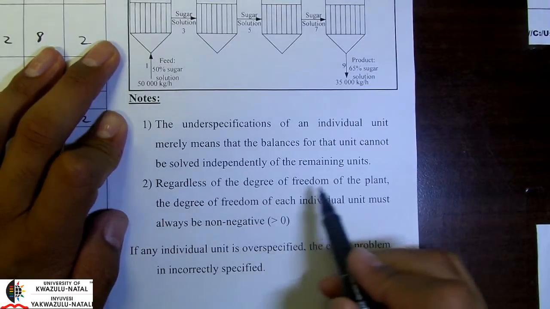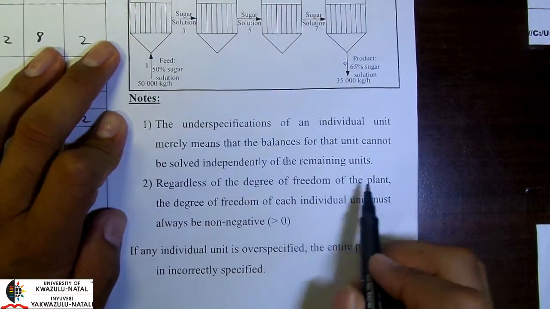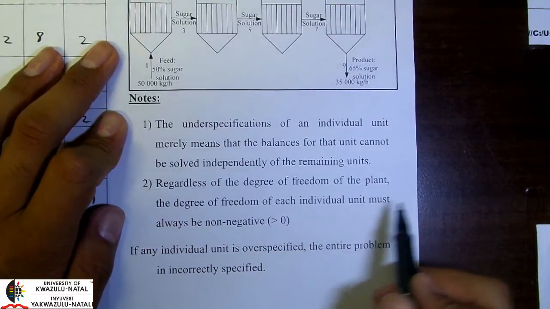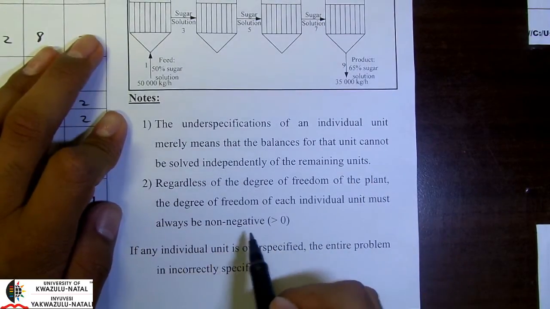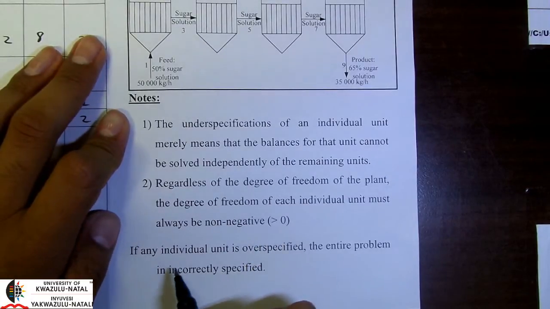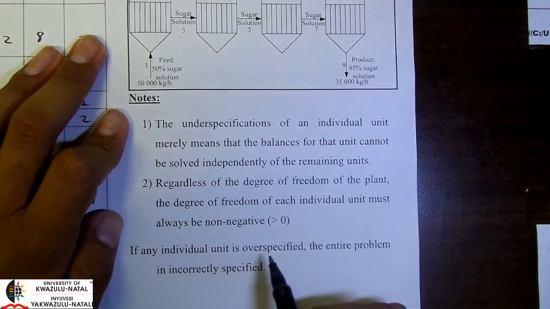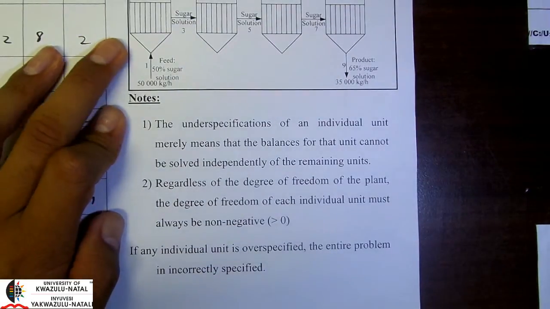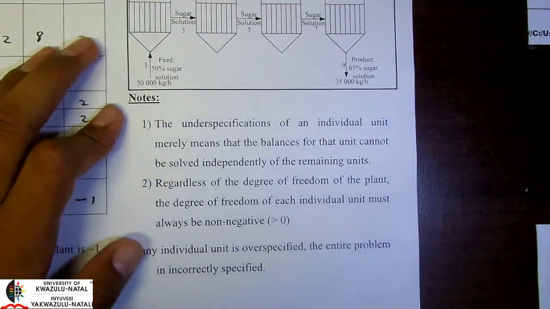However, regardless of the degree of freedom of the plant, of the process, the degree of freedom of each individual unit must always be non-negative. If any individual unit is overspecified, the entire problem is incorrectly specified, and we will get inconsistent results.